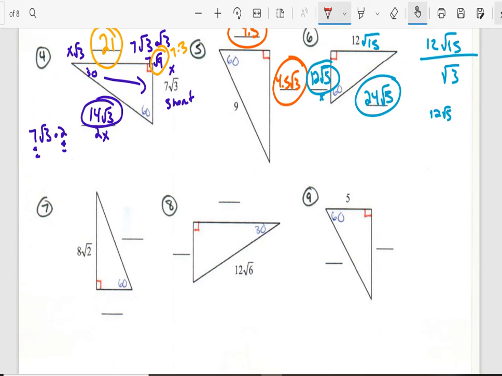Number 7, for number 7, we have a long leg of 8 root 2. And this one wouldn't work out. Let me just make it a little bit better. This one would be a nice one. I want to make it 8 root 21. Again, I'm changing it so it's something that's better to deal with. Because if I had 8 root 2 over root 3, again, it's doable, but this is if we spent more time with the radicals and spent more time working with that piece of it.